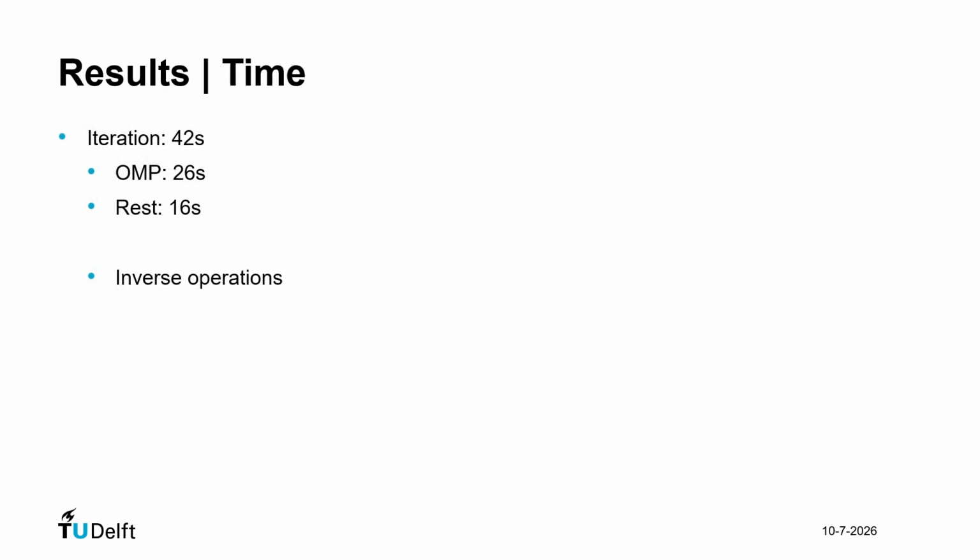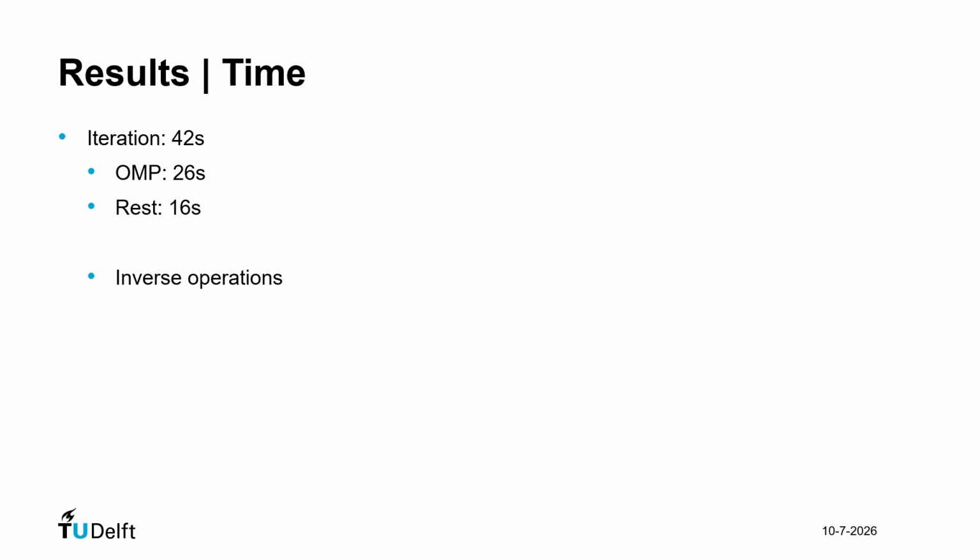Let us move over to the time requirements. Each iteration takes around 42 seconds, of which 26 seconds is computing the orthogonal matching pursuit and the rest, 16 seconds, is other computation.